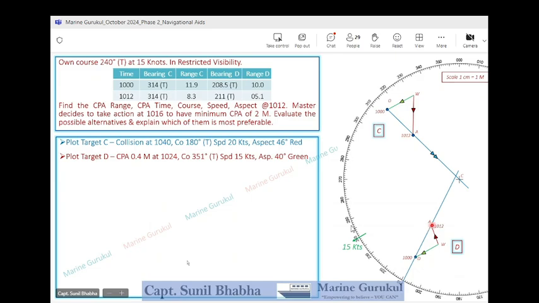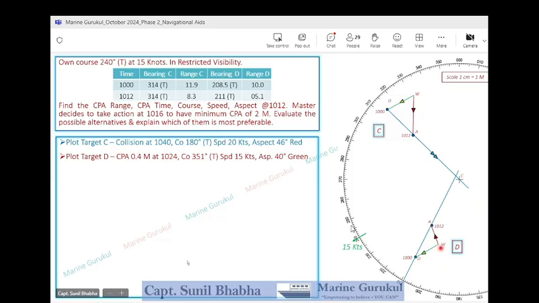Again, we can measure the distance between Alpha and the CPA point. Now the ship has covered a distance of Oscar to Alpha in an interval of 12 minutes. Interpolating for this distance, we can find out the time at which the CPA would occur. In this case, the CPA time comes to 1024 hours.